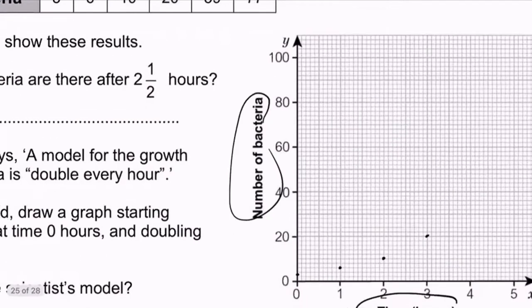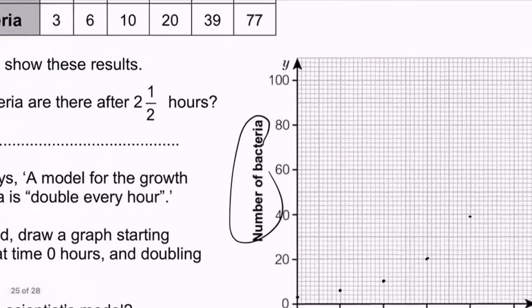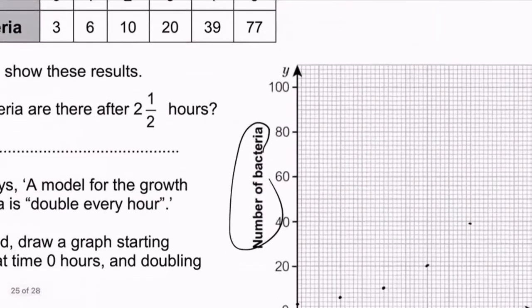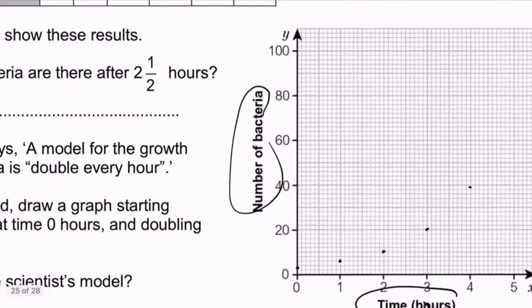Then 5 and 77, approximately here. Okay, so let us draw this.